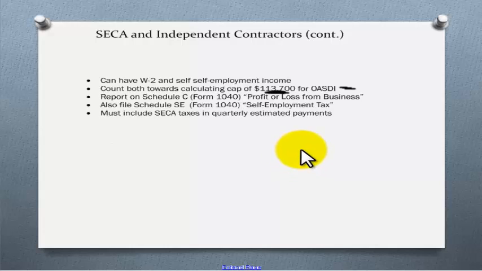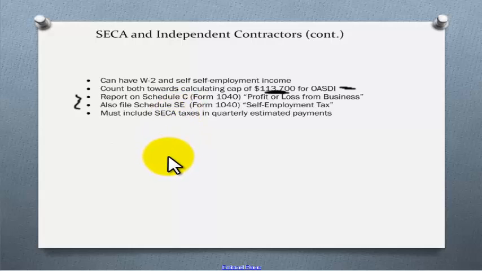Now, for self-employment taxes, like the FICA taxes, you don't report that on a Form 941. Okay, so instead it's going to be put on your personal tax return. So you'll calculate your profit or loss on Schedule C, and then you'll calculate your self-employment tax on Schedule SE.